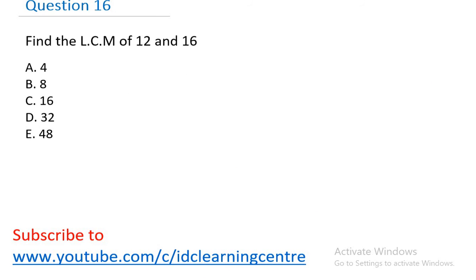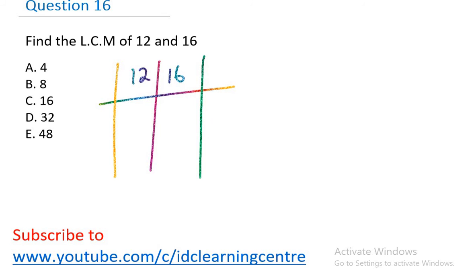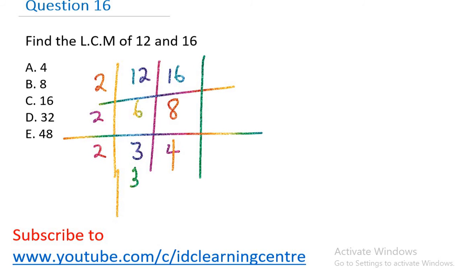Question 16. Find the LCM of 12 and 16. The smallest number that can go is 2. 2 into 12 is 6, 2 into 16 is 8. 2 into 6 is 3, 2 into 8 is 4. 2 can still go. 3 divided by 2 cannot, bring down 3. 4 divided by 2 is 2. 2 into 2, 1.